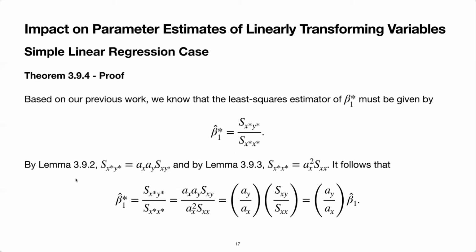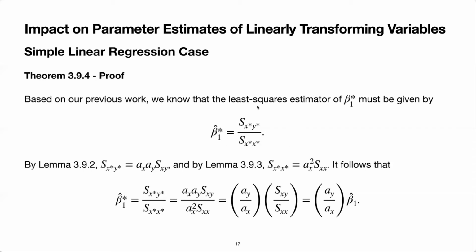Now, by lemma 3.9.2, which we presented above, the corrected sum of products of the x stars and y stars is equal to a sub x times a sub y times the corrected sum of products of the x's and the y's. And by lemma 3.9.3, the corrected sum of squares of the x star values is equal to a sub x squared times the corrected sum of squares of the original x's.